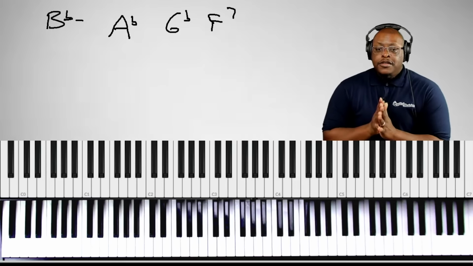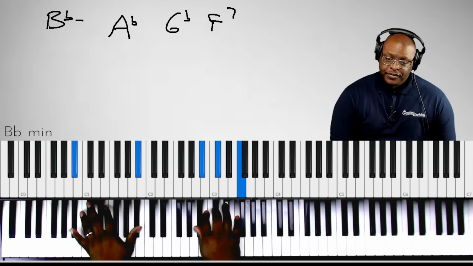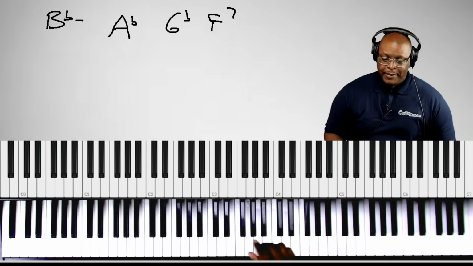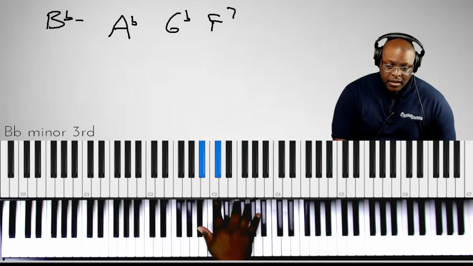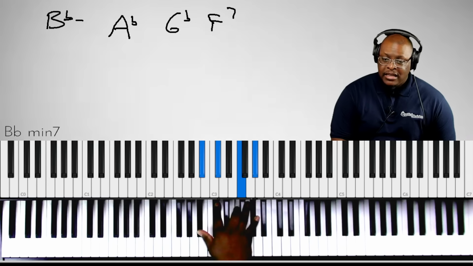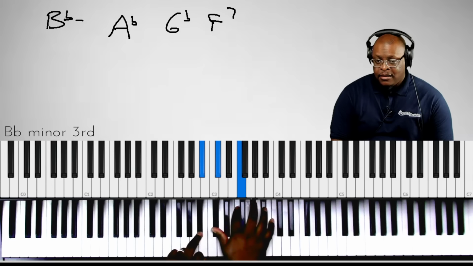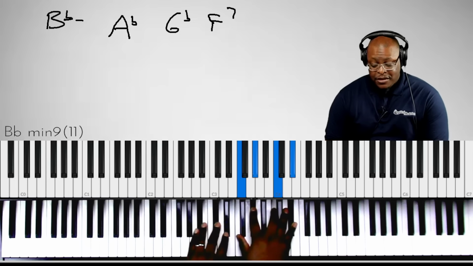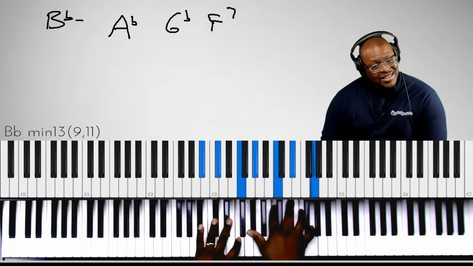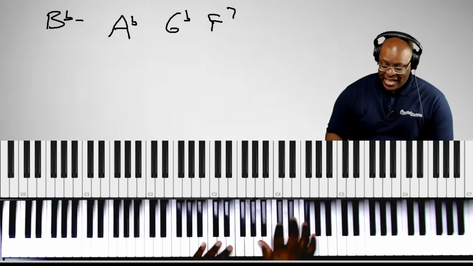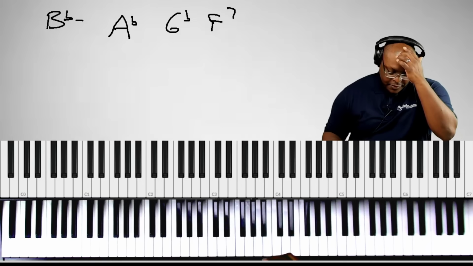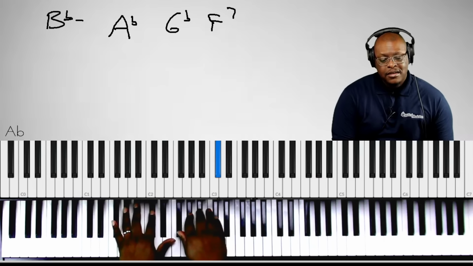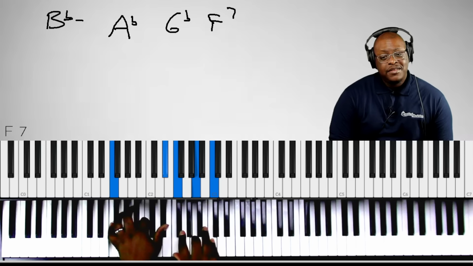So this is our progression: B flat minor. For those who are just starting off, you might see me add more notes to the B flat. I might extend all of these chords. I might add the 7th, maybe even the 9, maybe even the 11, maybe even the 13. Even that's out of the key, but I might do it. So just so you know, with all the chords, I might extend them. But here's the point: B flat, A flat, G flat, F7.